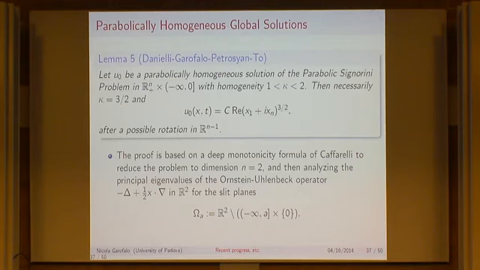That reduces the problem to 2 dimensions, and then in 2 dimensions you have to analyze the principal eigenvalues of the Ornstein-Uhlenbeck operator in R2 for the split planes which are written there. So that's a classification of our global solution to the Signorini problem with a given homogeneity kappa between 1 and 2.